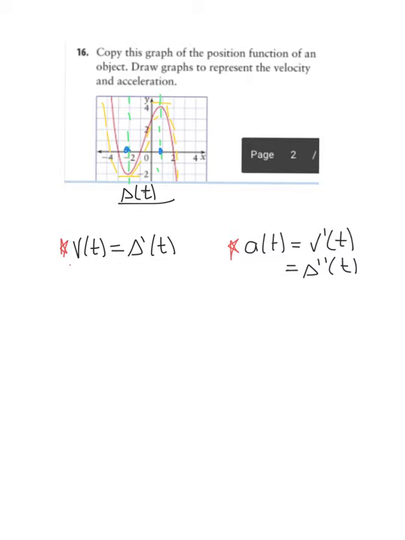So at this point now I can start drawing in what my velocity function is going to look like. I have these negative sloping tangents that are slowly getting less negative until they reach 0 at this first blue dot right here.